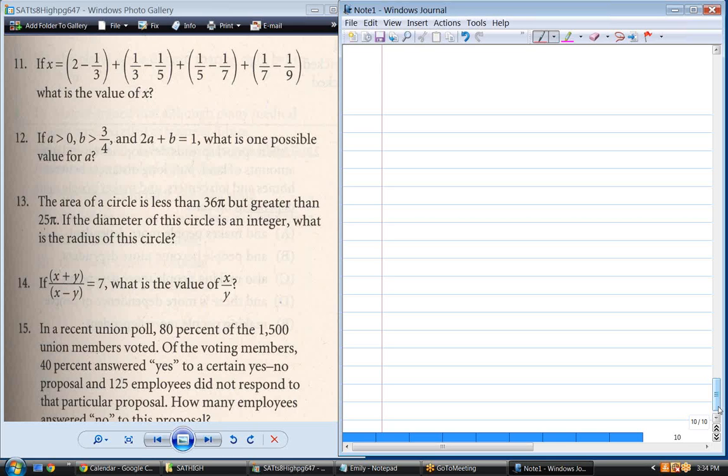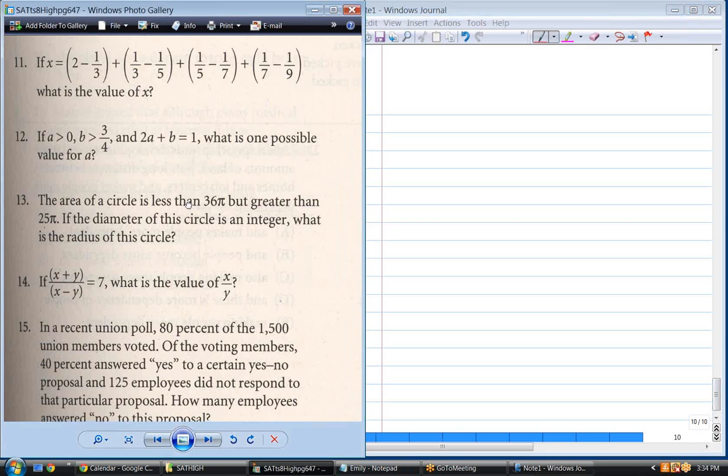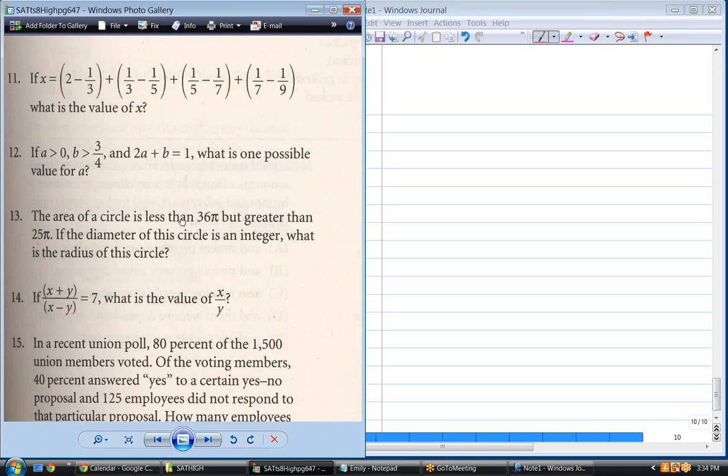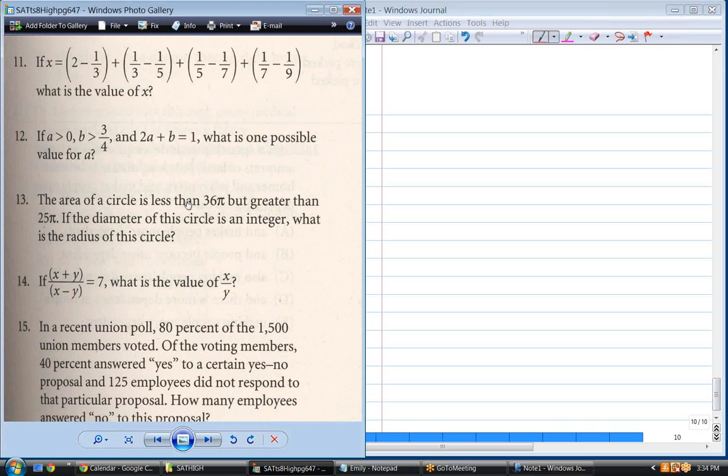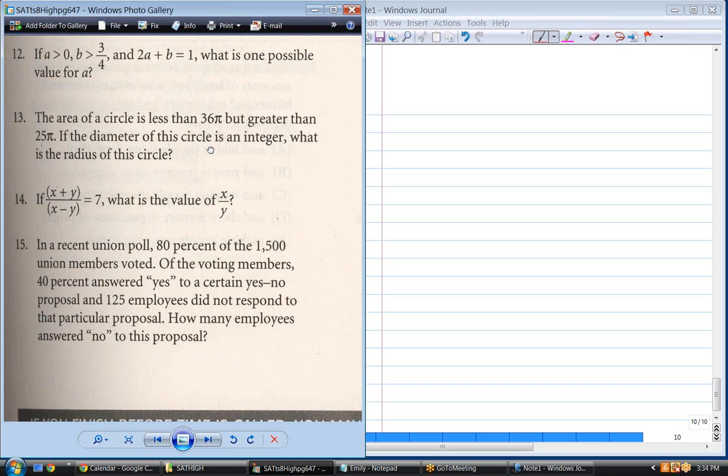It's going to be 2 minus 1/9. Good. That's clever. It's the first time I've seen a question where having had infinite sums is helpful. But it's not necessary.